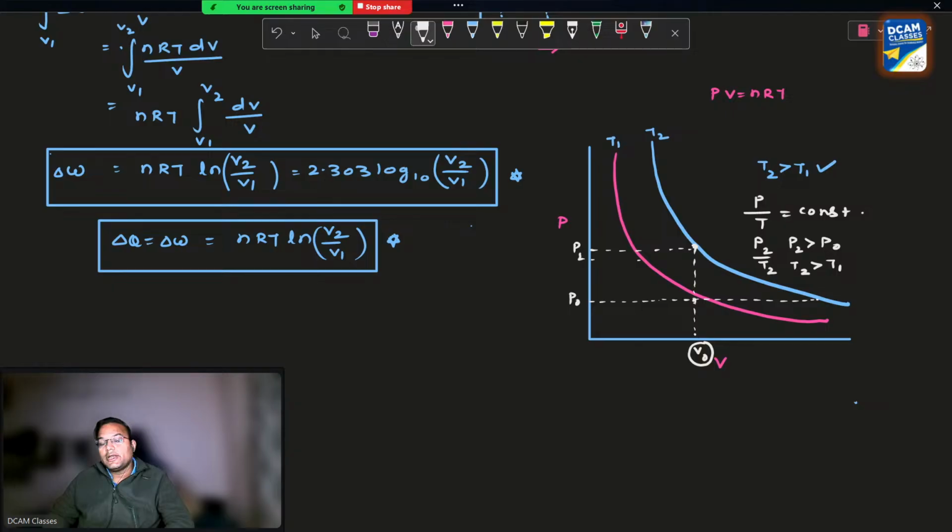So if on a graph the pressure is higher, to make P by T constant, temperature has to be higher. So the higher temperature graph corresponds to the graph in which, for the same volume, we are getting the higher pressure. Correct? This is how we see.